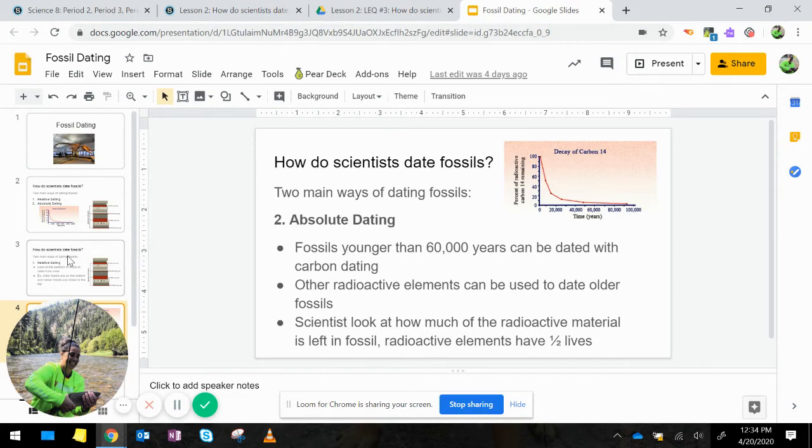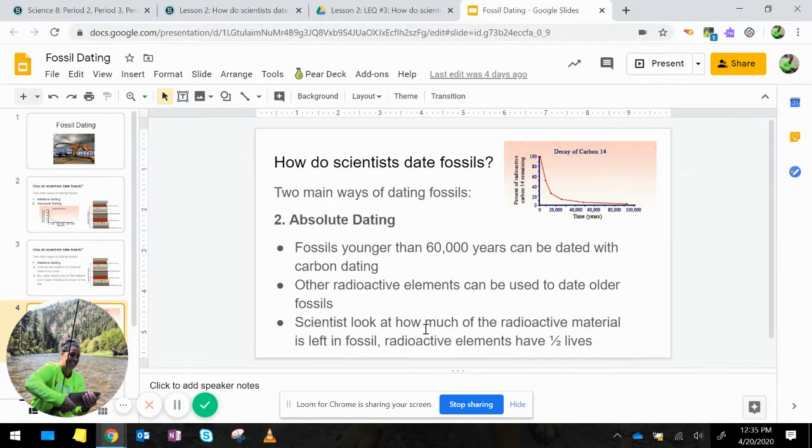If you haven't heard of it, you're going to see a little Brainpop video that talks about carbon dating. Fossils younger than 60,000 years can be dated with carbon dating. Other radioactive elements can be used to date older fossils. If you're using carbon-14 to date fossils, you're expecting them to be newer fossils. For older fossils, you'd have to use other radioactive elements to date them.